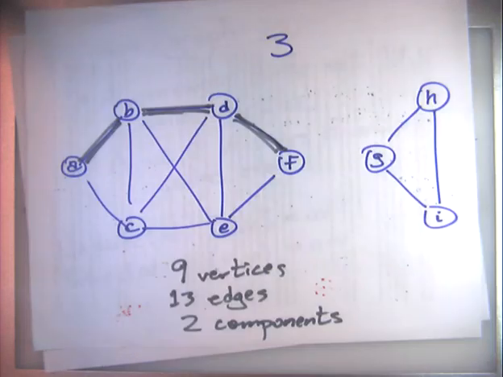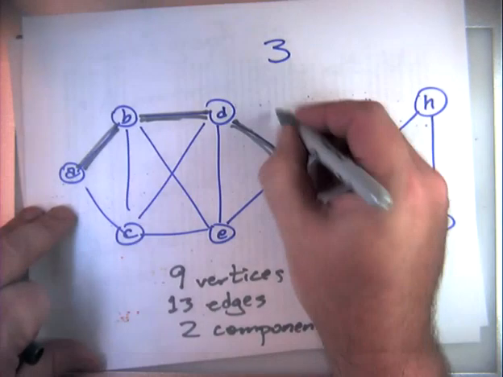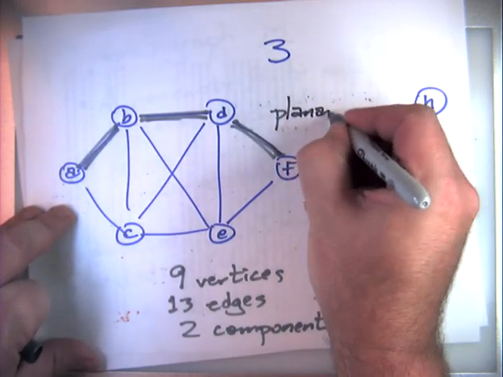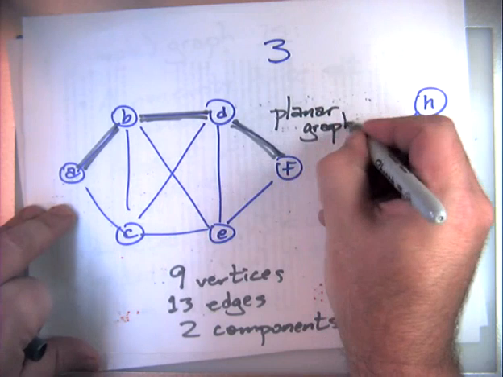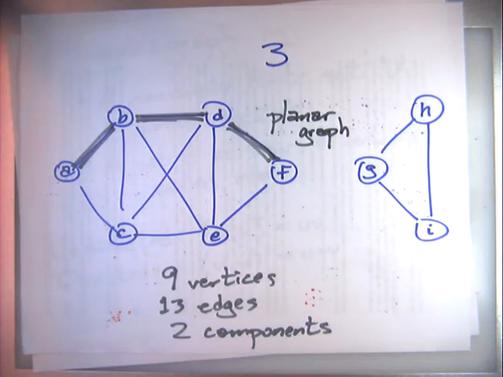And because it's the same as this graph, this is a planar graph. The drawing is not the graph. Just because I have a non-planar drawing, because of that crossing, that doesn't make it a non-planar graph.